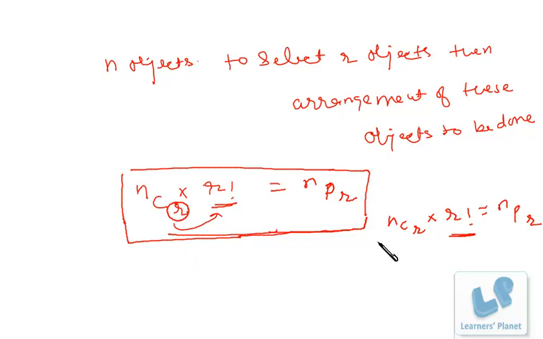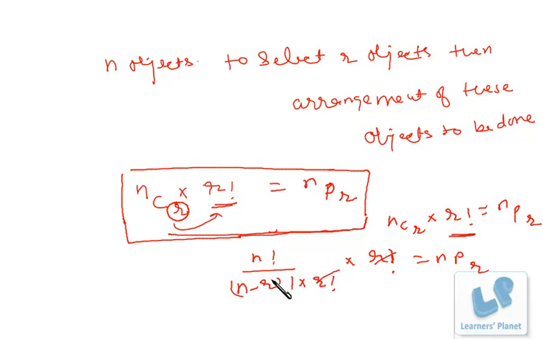Now I just expand it over here. nCr is n factorial by n minus r factorial into r factorial, and into this r factorial is nPr. So r factorial is cancelled. So the formula for nPr is n factorial by n minus r factorial.